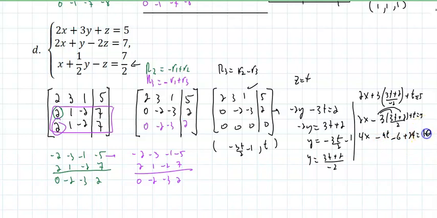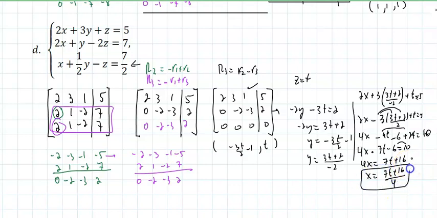It kind of messes up when you get to the side. 4x minus 7t minus 6 equals 10. 4x equals 7t plus 16, and x would be, again, either you say 7t plus 16 all over 4 or 7t over 4 plus 4. It makes no difference. So I got x to be 7t plus 16 divided by 4.